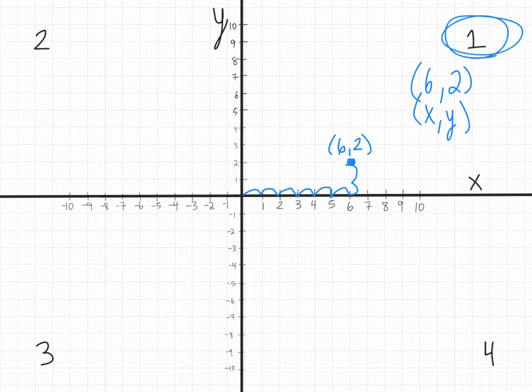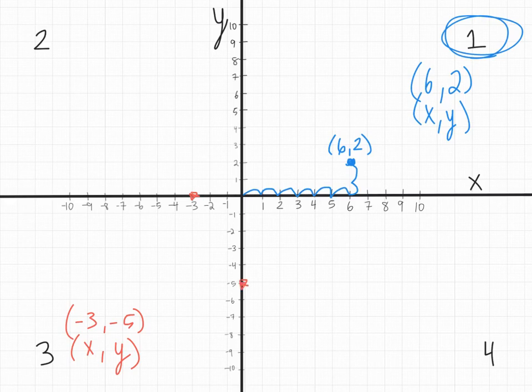Are you ready to try an example with negatives? Let's try the point -3, -5. If we're going to graph this point, I know that I have to start with my x. So I have to go on the x-axis and I have to go to the -3. Here it is. Here's the -3 on the x-axis. Then I have to find the -5 on the y-axis.